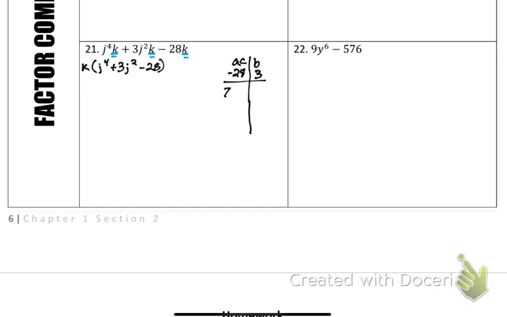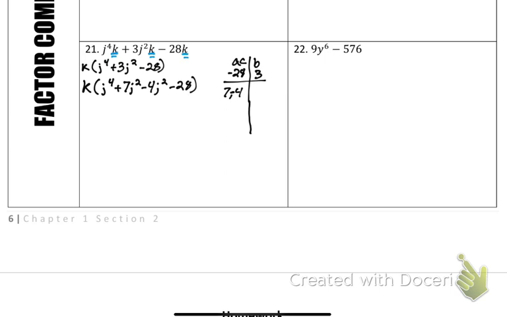All right, 7 and 4. We probably want the 7 to stay positive, so I'll have 7 and negative 4. That's going to give me k times j to the 4th. We're going to split this apart into plus 7j squared minus 4j squared minus 28.